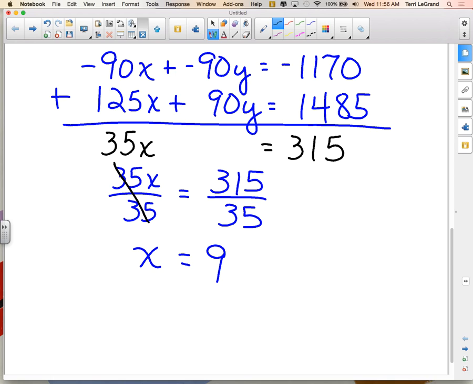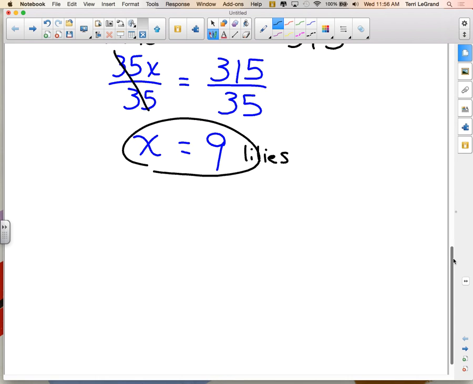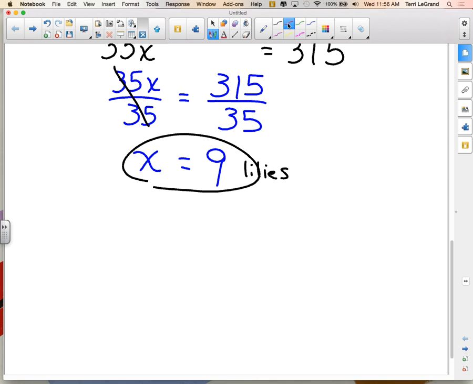Okay, we could say this is going to be important, but of course we're going to write our final answer as a sentence, and these are 9 what? Lilies. This is just in case you want to add that part, just to remind yourself. Okay. Go get the number of tulips now.